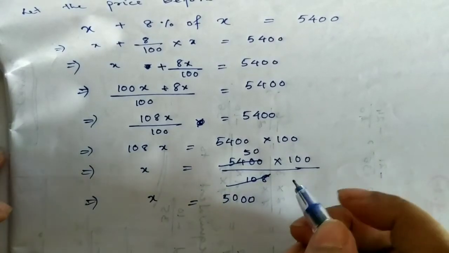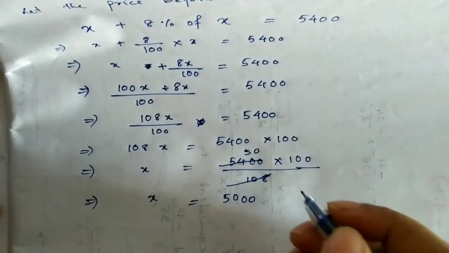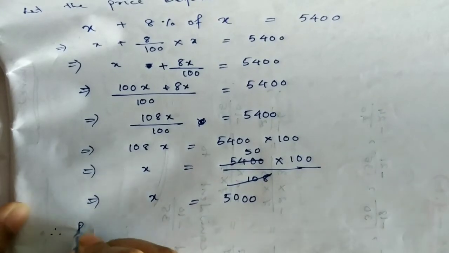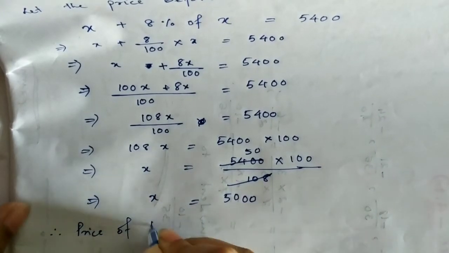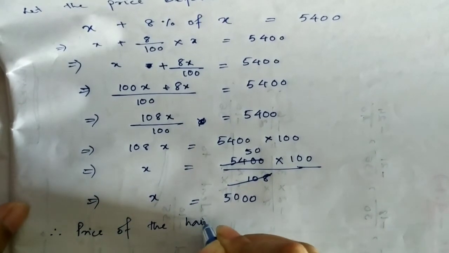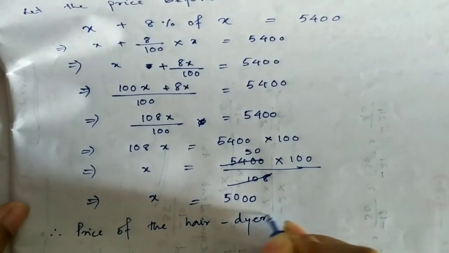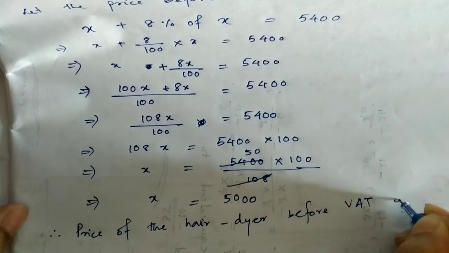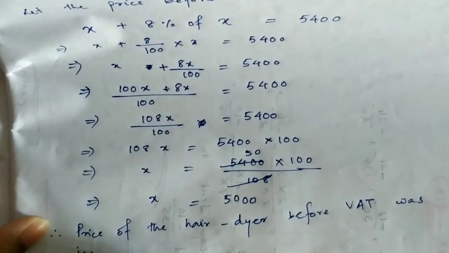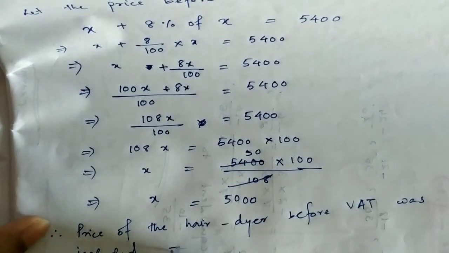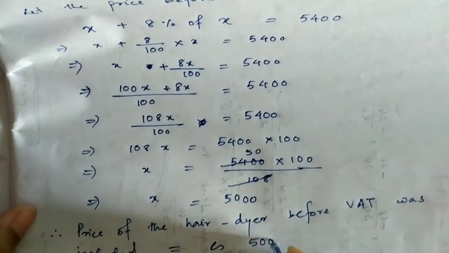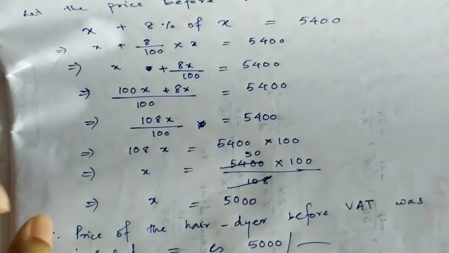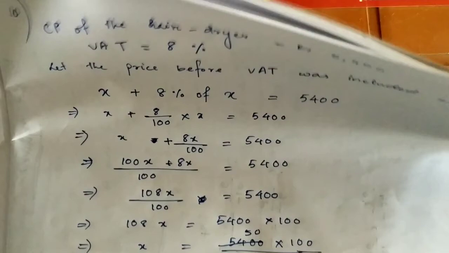And what was X? That was the price before the VAT was included. So therefore price of the hair dryer before VAT was included equal to rupees 5,000.